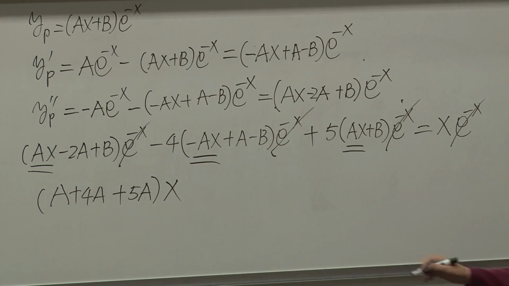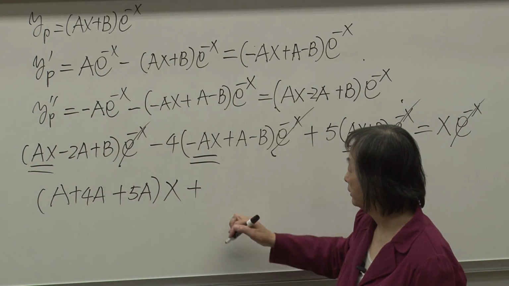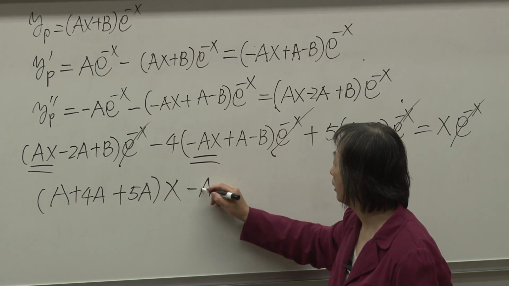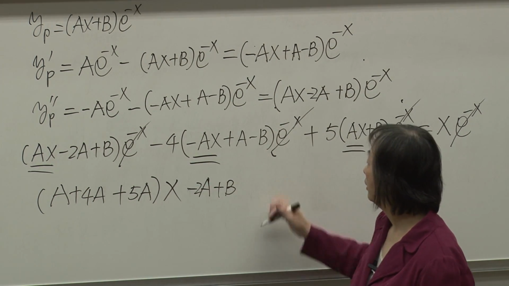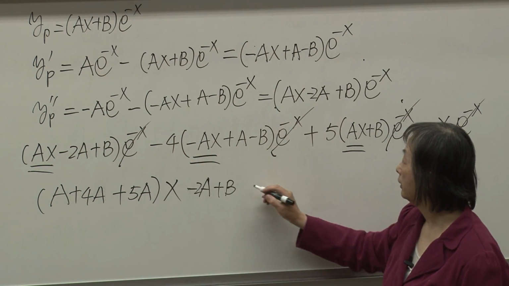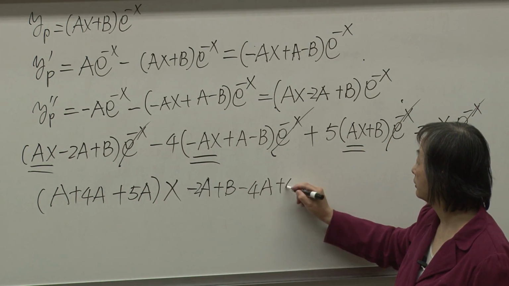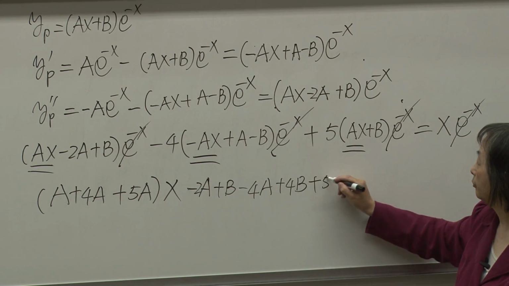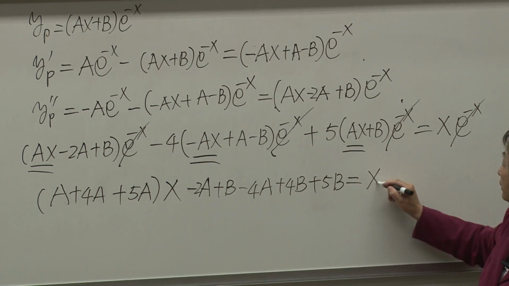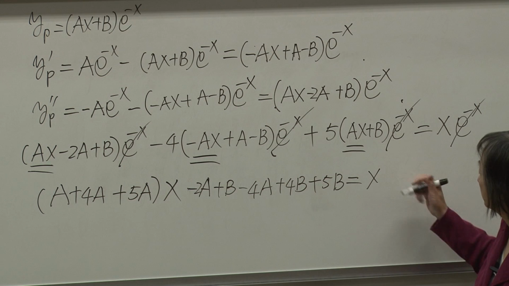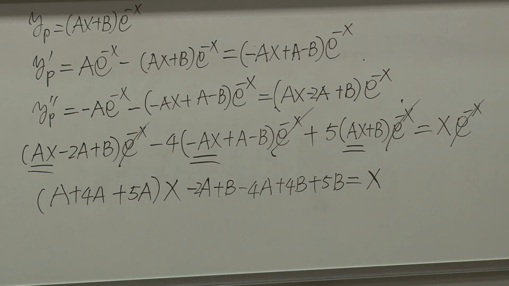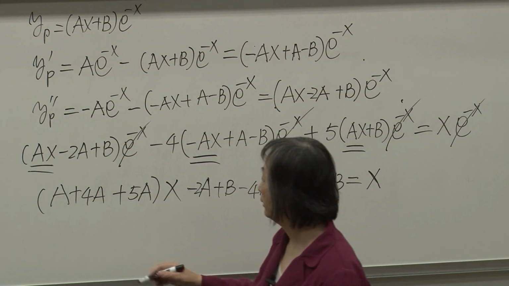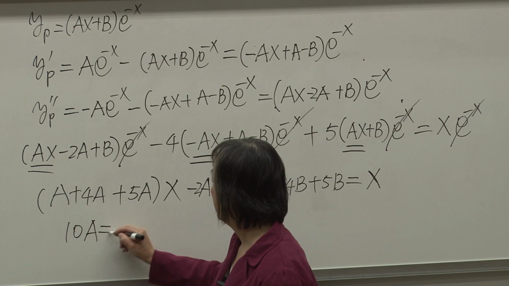For the constant term, we get negative 2a plus b from the second derivative. From the first derivative, we get negative 4a plus 4b. For the last term, we get plus 5b. The right-hand side is x. So the coefficient of x on the left-hand side must be 1.